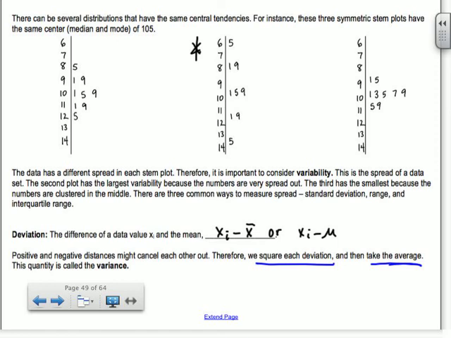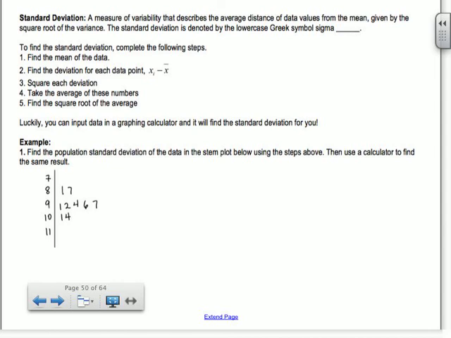Okay, so I have all the steps written out. So the first thing we need to do is find the mean of the data. So for number one, we're going to find the mean. So x bar, or you call it mu if you want. So we know how to do that. We're just going to add 81, 87, 91, 92.